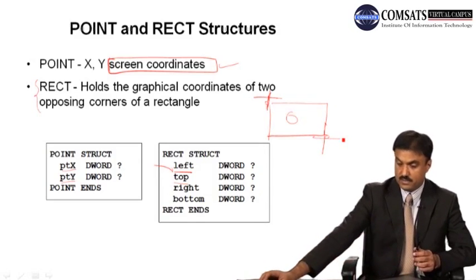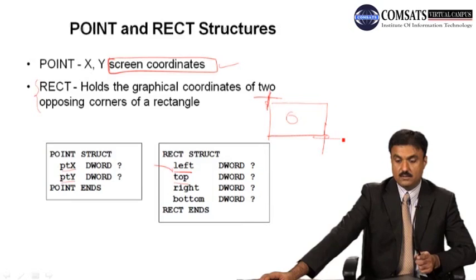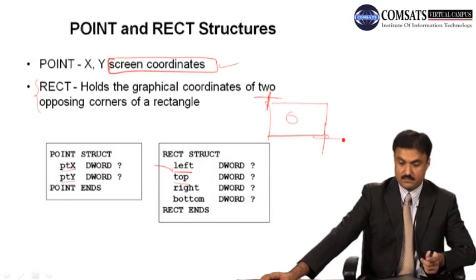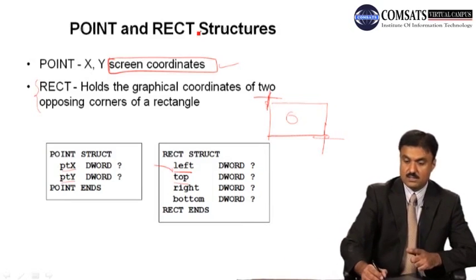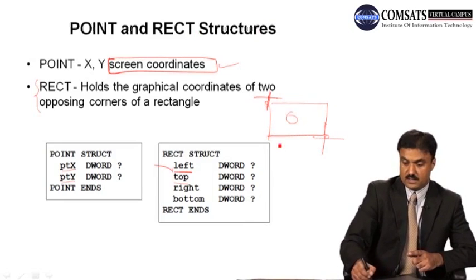These are the four members of this structure, and they will hold the values of all these coordinates. Here you can see, if we say this is the x-axis and this one is the y-axis.